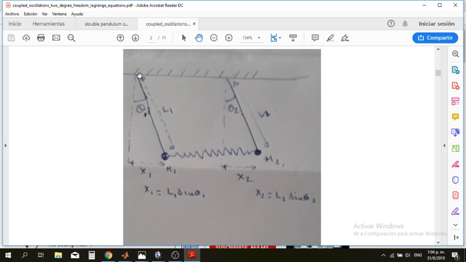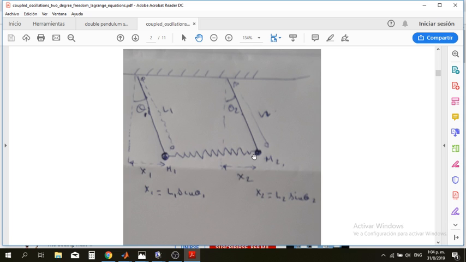We have pendulum 1 with mass M1, length L1, and angular displacement theta 1. Pendulum 2 has length L2, mass M2, and angular displacement theta 2.